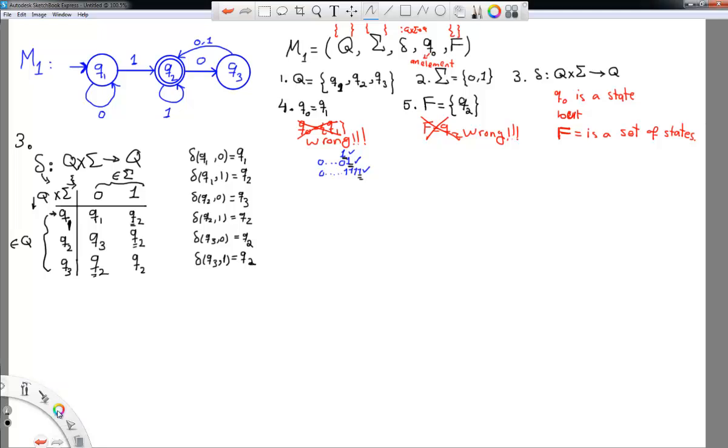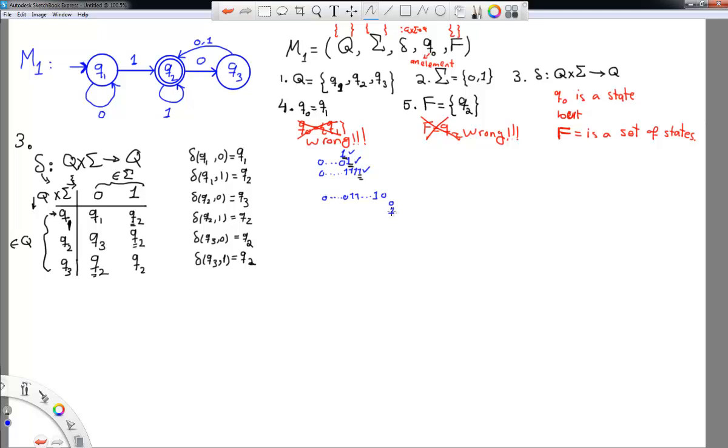However, what happens if my machine sees a bunch of zeros, then keeps seeing a bunch of 1s, and then sees a 0? After it sees a 0, it pops out of my accept state, only to come back if it sees another 0 or a 1.